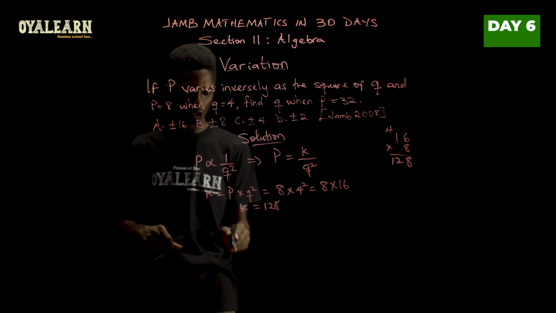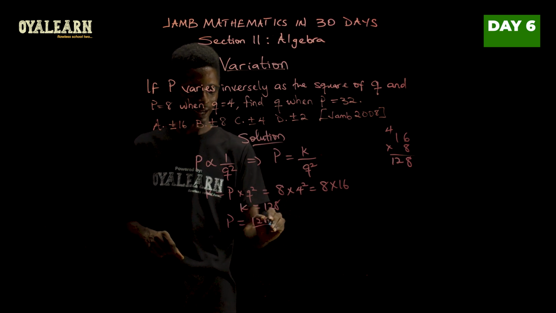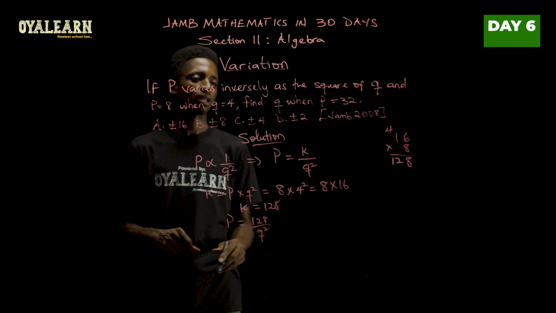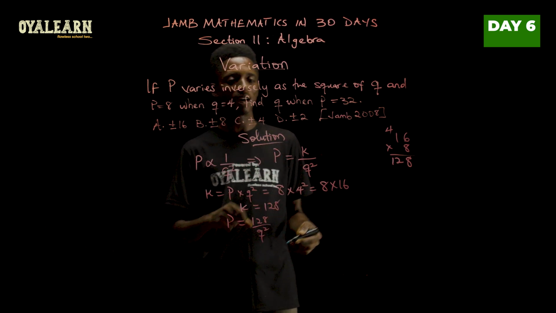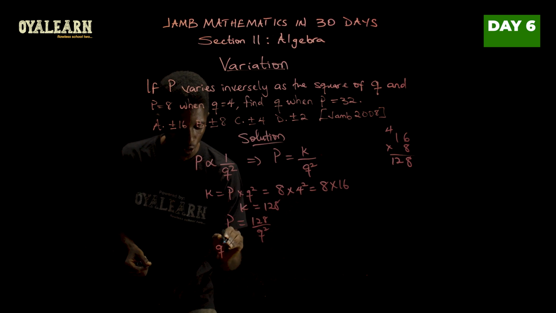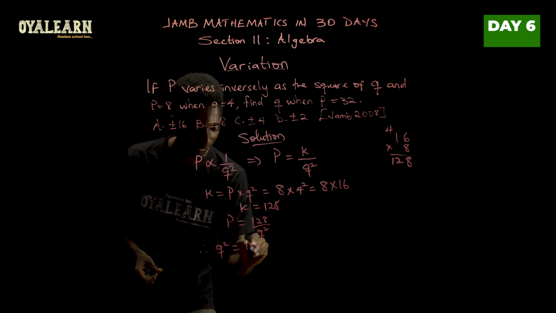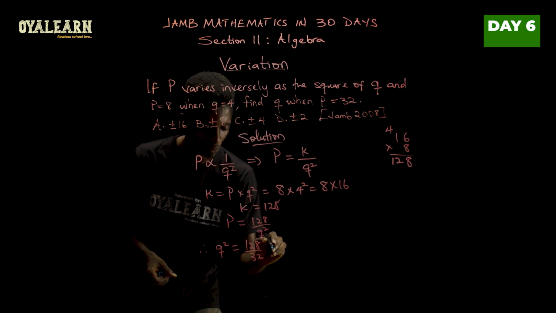So back to this equation, we can then say p is 128 divided by q squared. And the question asks us to find the value of q when p is 32. So we can then say q squared equals 128 divided by 32.